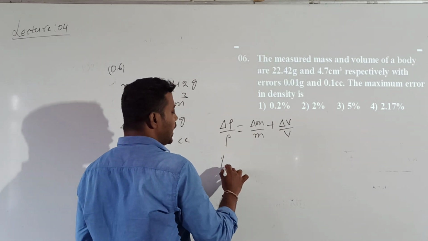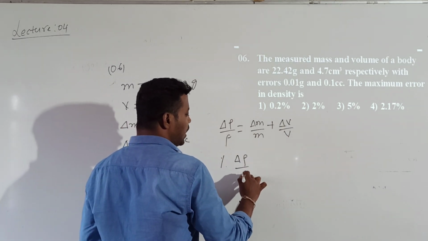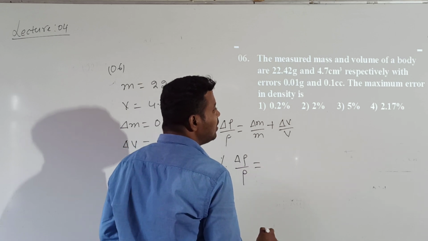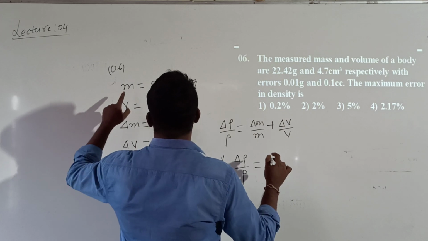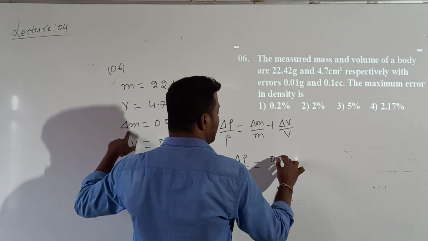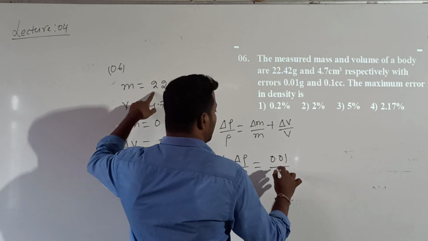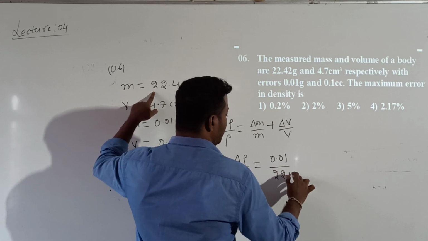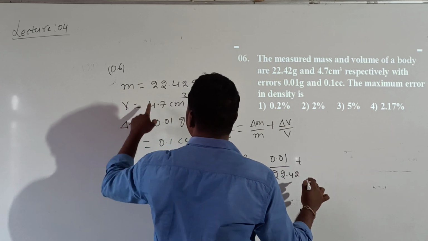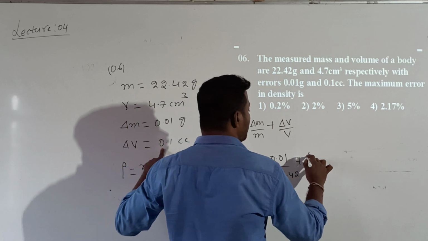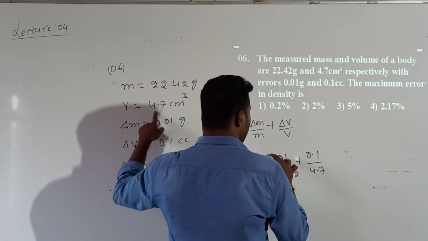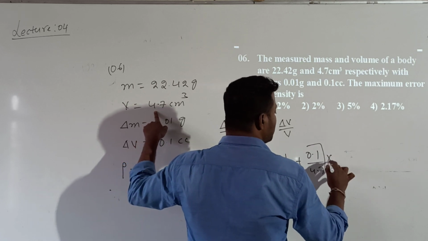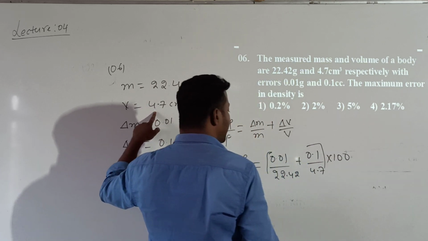If I want to calculate percentage of delta rho by rho, it will be equal to delta m by m, that is 0.01 by 22.42, plus delta v by v, 0.1 by 4.7, into 100. Correct?